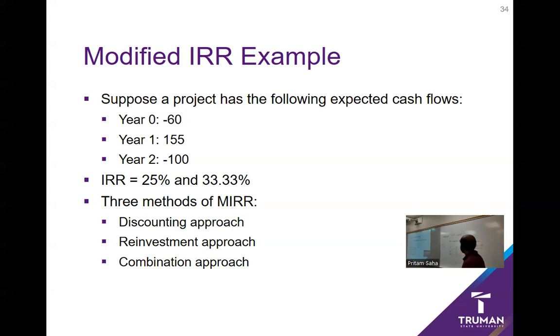So we know that the discounted value of this one is minus 69.44, right? The compounded value of this one was 186, right? If we generate the new cash flows, at day zero it is minus 129.44, and here it should be 186.